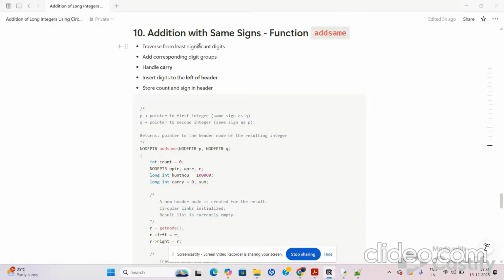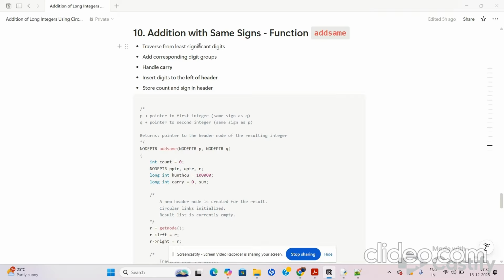So what this function does is, it makes the operation very simple because both the numbers have the same sign. So it's just that the digits have to be added, that's it. And when you add, then definitely there is the concept of carry propagation, and the traversal starts from least significant digits to the most significant digit, and each result digit is inserted to the left of the header, so the order is preserved automatically.